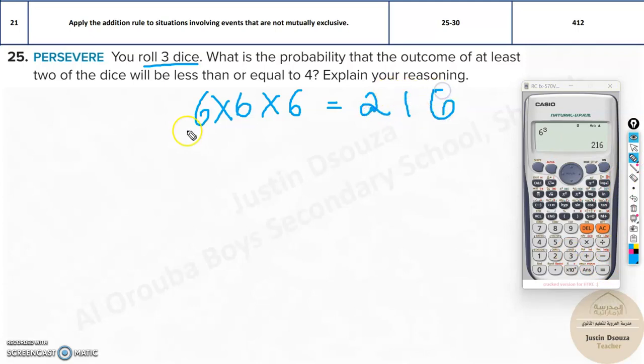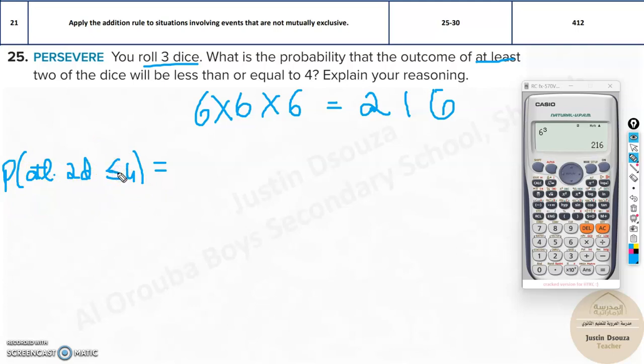Now, what exactly is required? At least 2 dice will be less than or equal to 4, this is very important. That means probability of at least 2 dice will be less than or equal to 4.